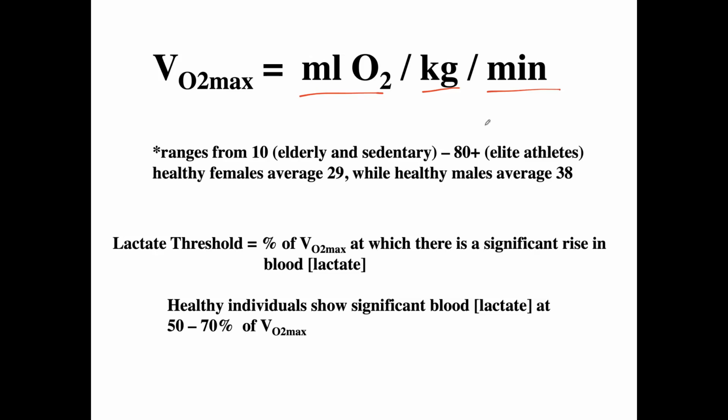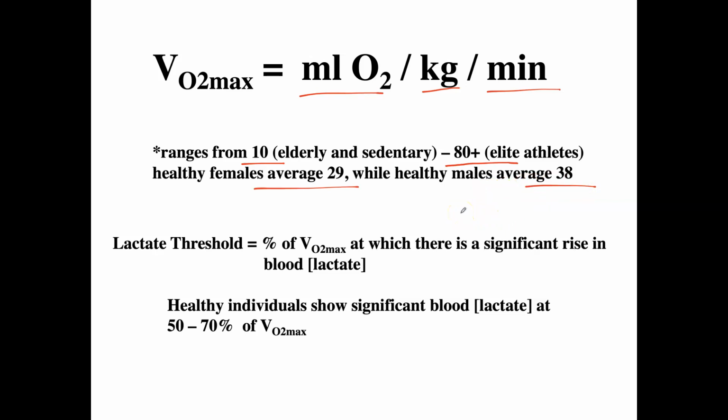The VO2 max can range anywhere from 10 in elderly and sedentary individuals to over 80 if we're talking about elite athletes. The VO2 max typically, though, in healthy females is about 29 milliliters of oxygen per kilogram per minute of utilization. In healthy males, it's about 38.